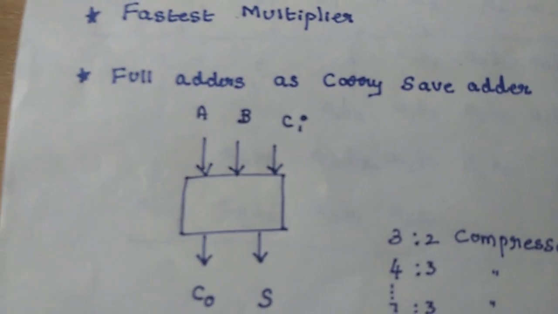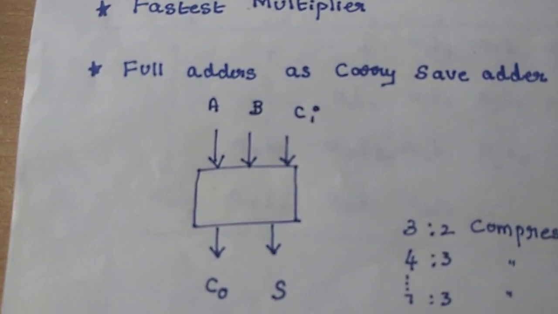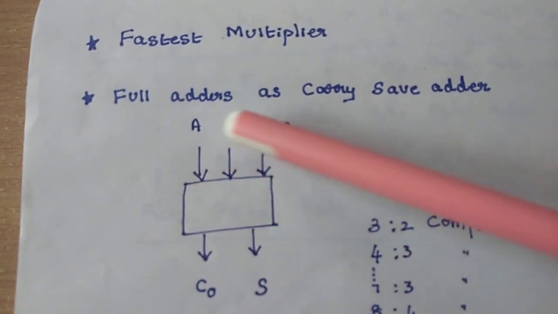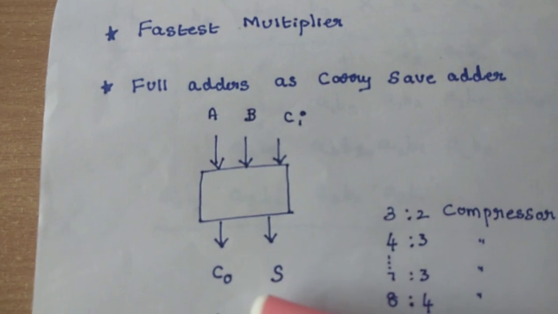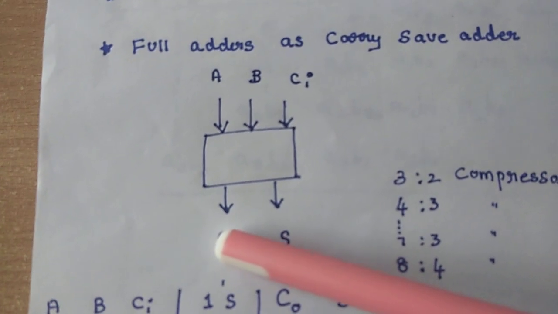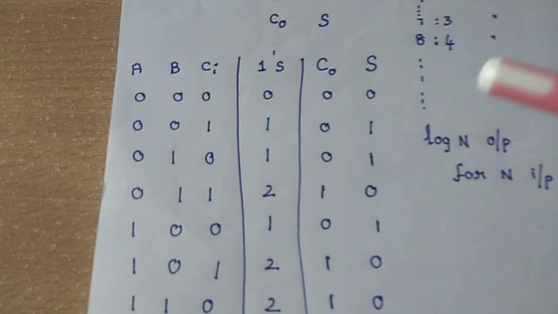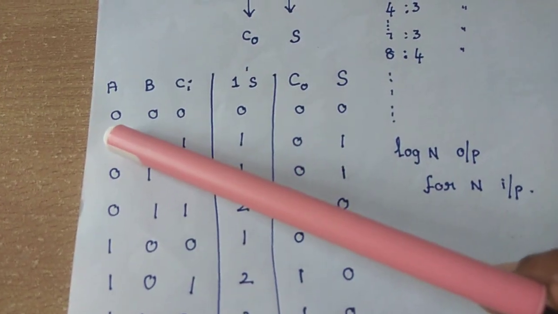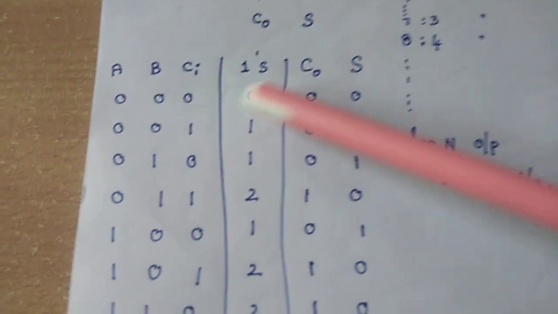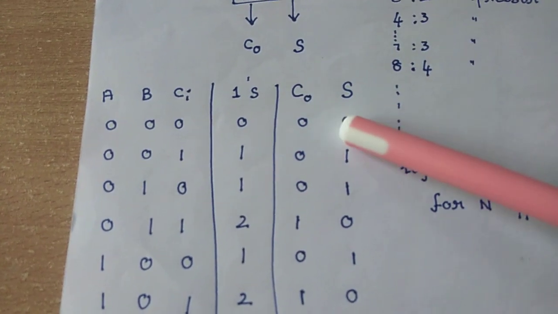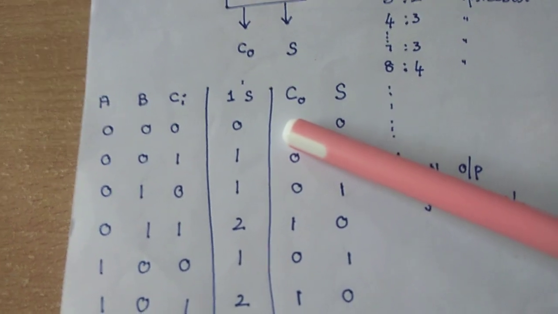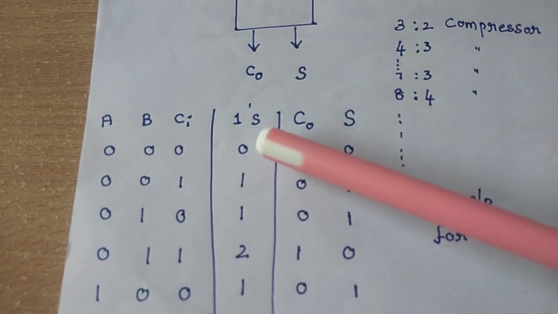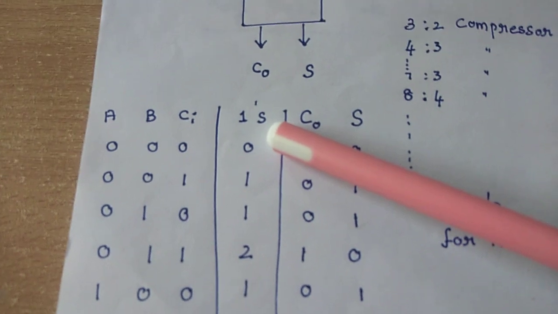Now let us take a full adder circuit whose inputs are A, B and Ci. The outputs are S and Co. Here we have written the truth table of this full adder. Usually we write the inputs A, B, Ci and mention the outputs, that is the sum and the carry output. Here we have included one more column which counts the number of ones present in the input.